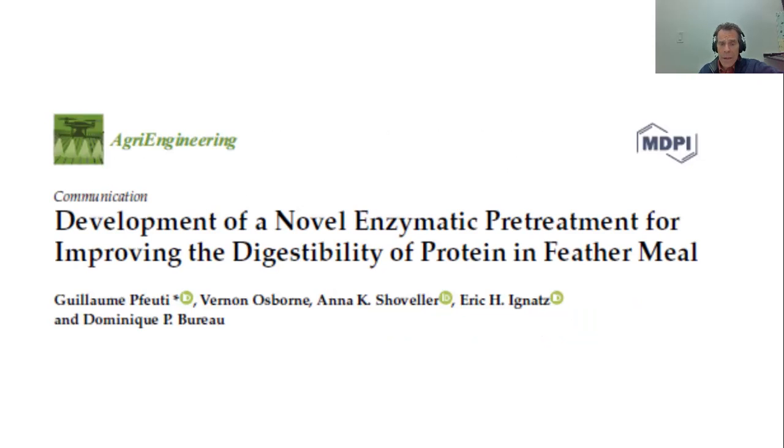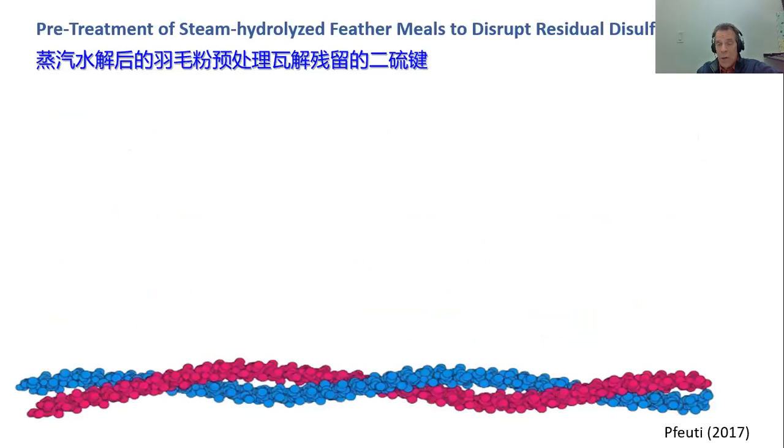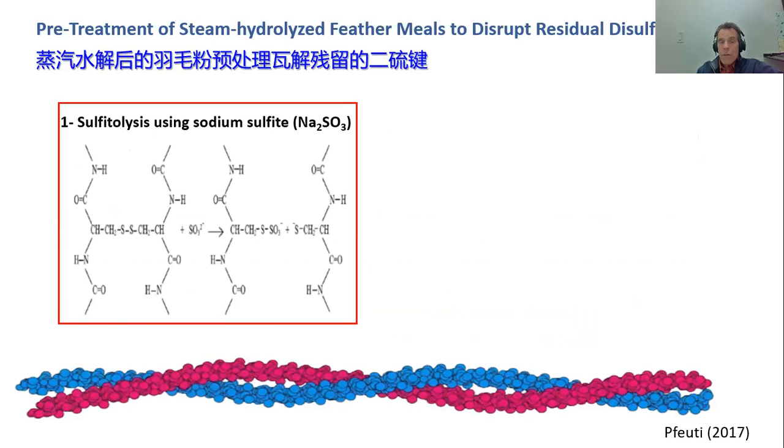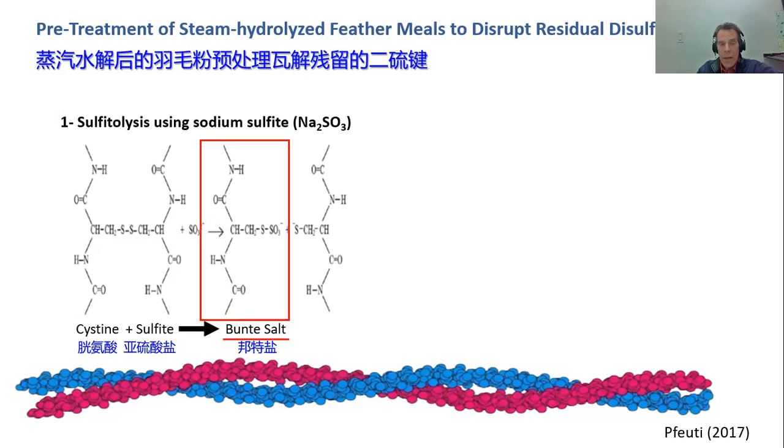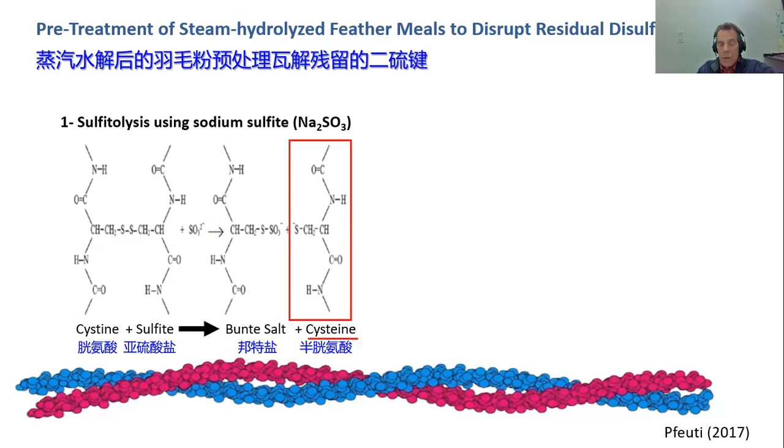So Guillaume and other colleagues worked on a novel enzymatic treatment to increase the digestibility of commercial steam hydrolyzed feather meal. How it works is basically this: he started with feather meal and treated it with sodium sulfite, Na2SO3, which reacts with the disulfide bond, destabilizes it, and opens it up. The cysteine plus the sulfite creates a Bunte salt, and then cysteine.